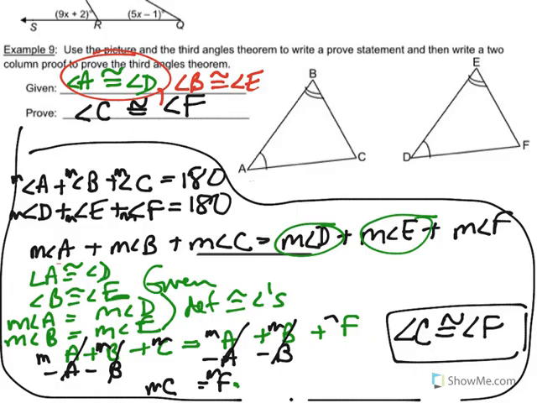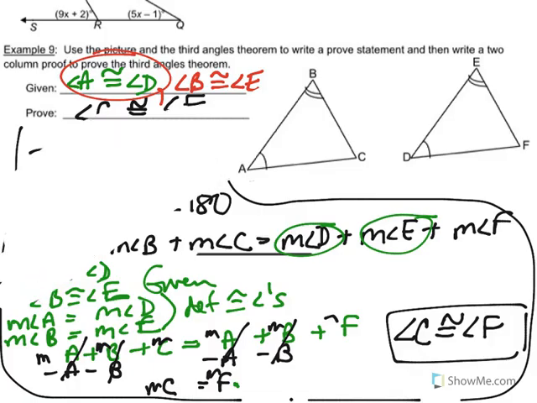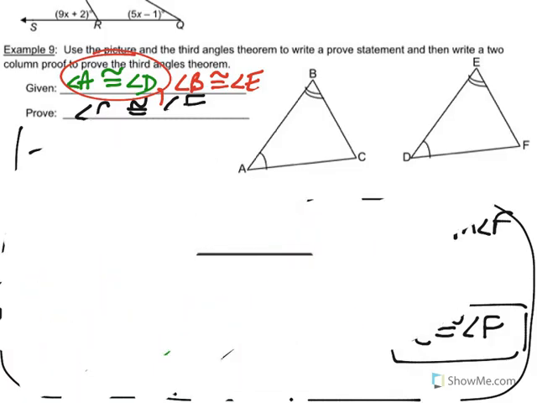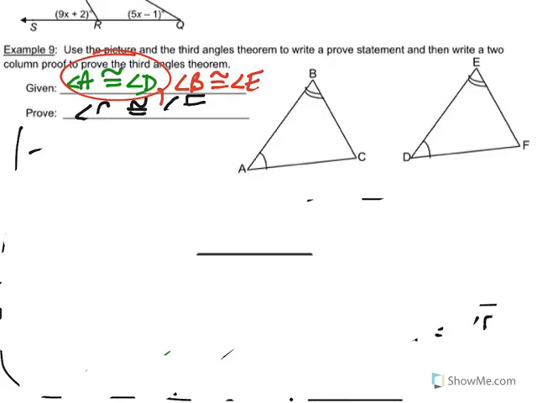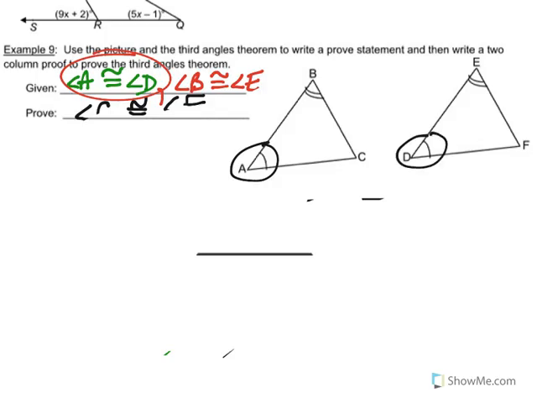Now, what I want to show you is how we would do it in the shortcut version. If you're working on a proof going forward, and you're given that two angles of a triangle are congruent to two angles in another triangle, then we can say the third angles are congruent.